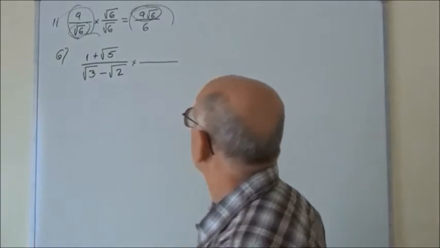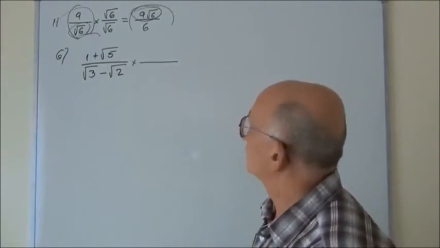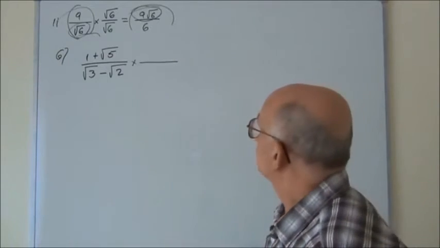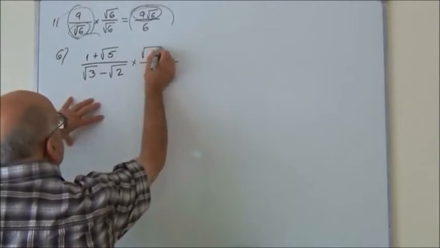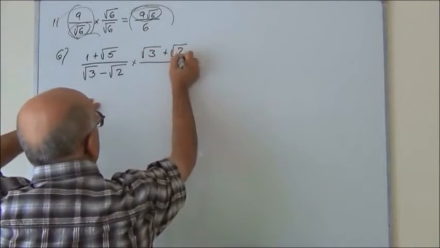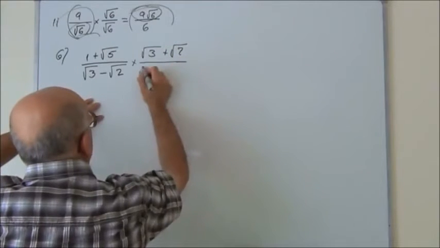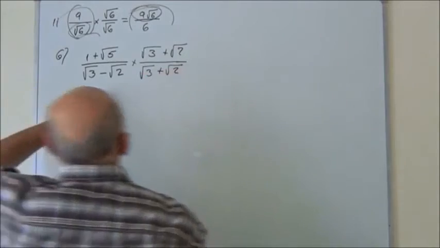I can't see any problem here. We should follow the same concept that we learned in the previous few questions. So multiply this by root 3 plus root 2 over root 3 plus root 2.